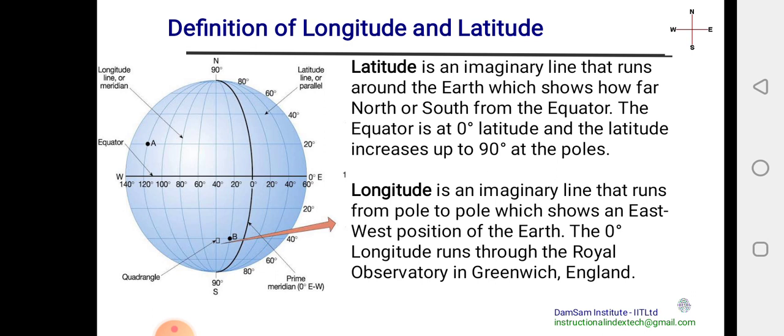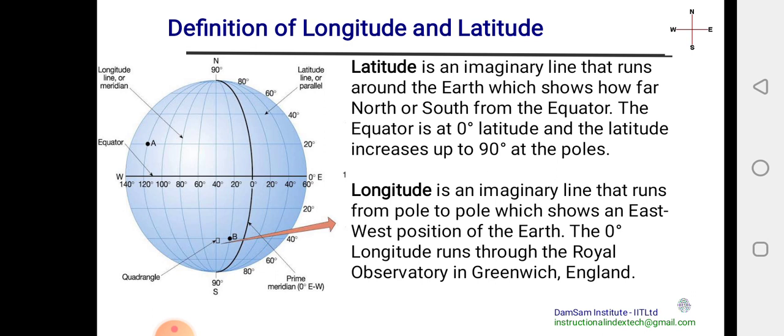So that is the equator. And the imaginary lines that we have are latitudes. These are latitudes and they are imaginary lines. It shows how far north or south we are from the equator.